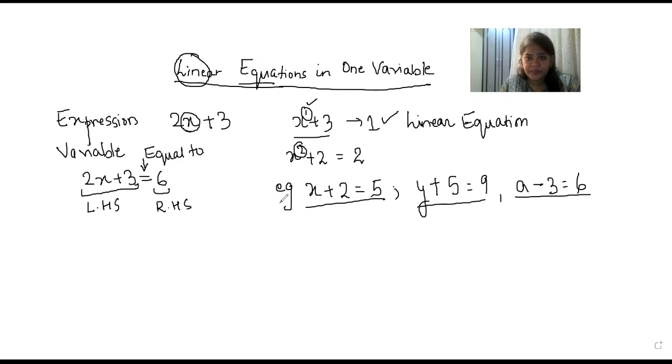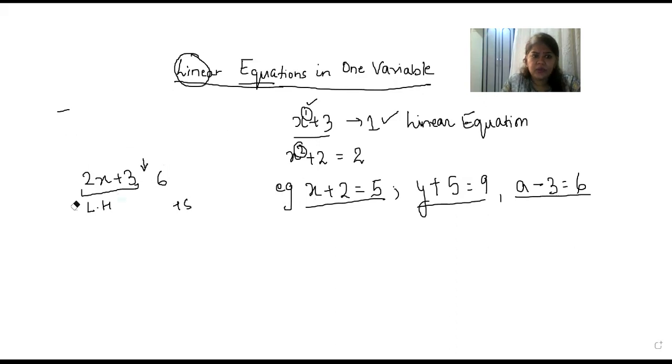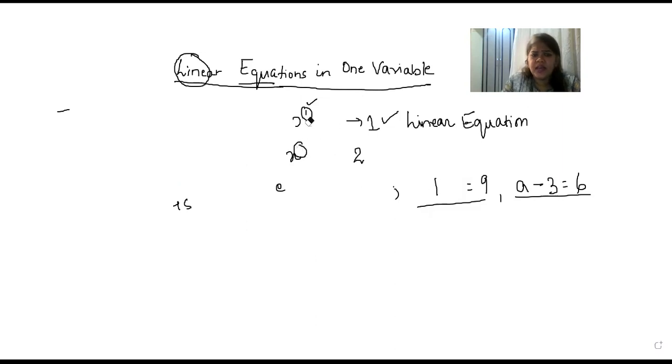Thus, these all are linear equations. Clear? Got it? Okay. Now, moving further, how do we solve these linear equations? So, there are two methods of solving a linear equation. I'll erase this till that time. Now, can somebody tell me, x cubed plus 5, is that a linear equation?